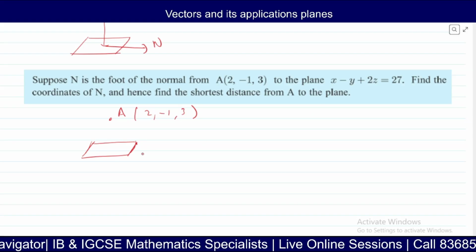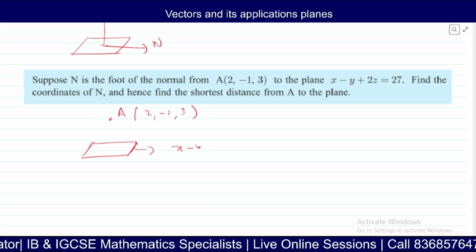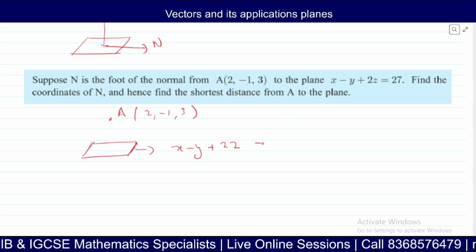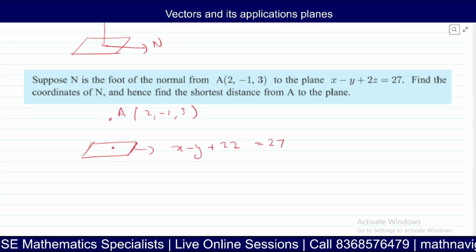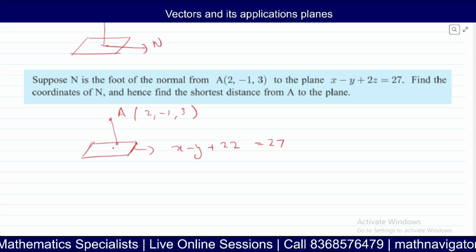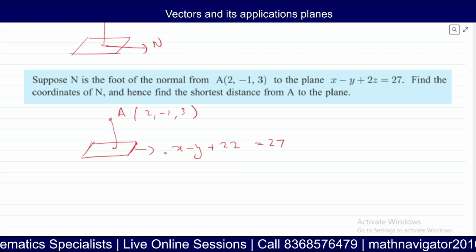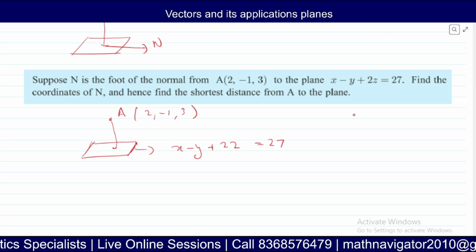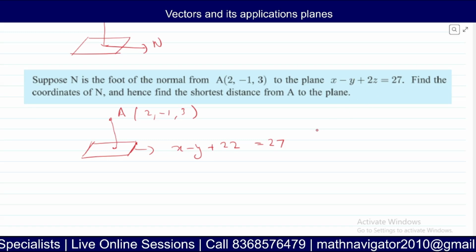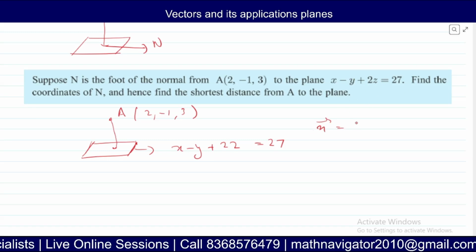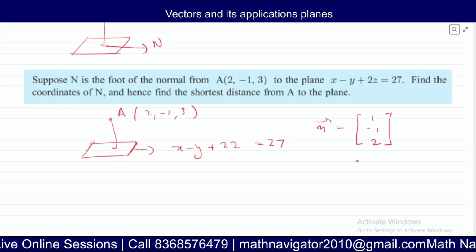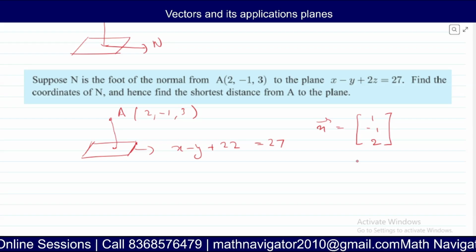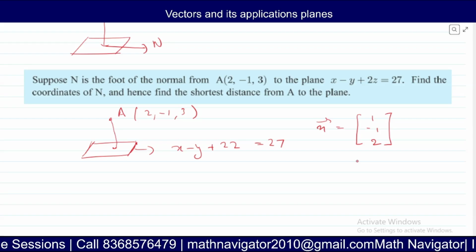And the equation of the plane is x minus y plus 2z is equal to 27. So let's say this is a general point on the plane. If this is my equation of the plane, the normal vector is (1, -1, 2). Got it? So this is my normal vector. Is this clear?